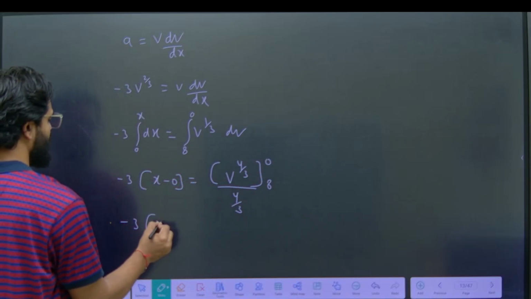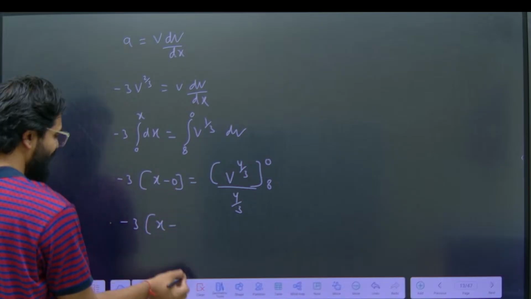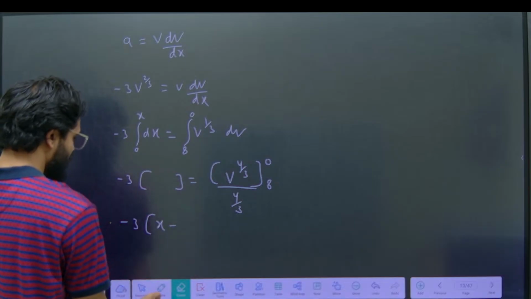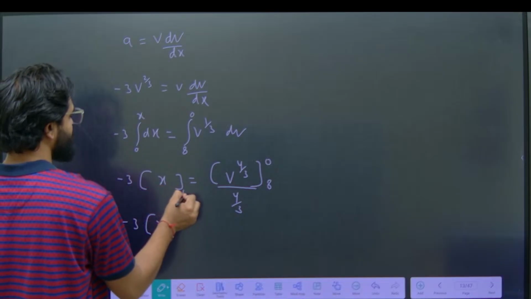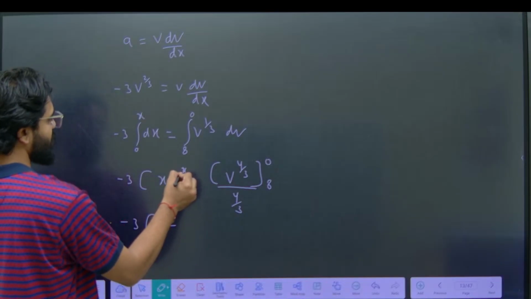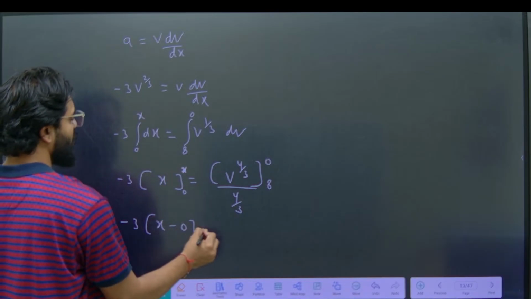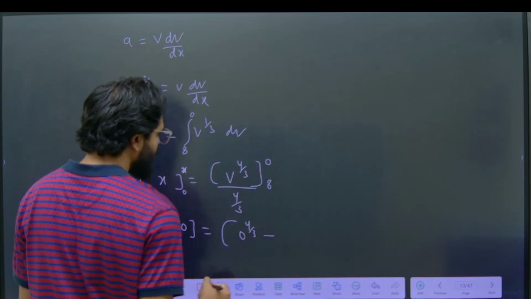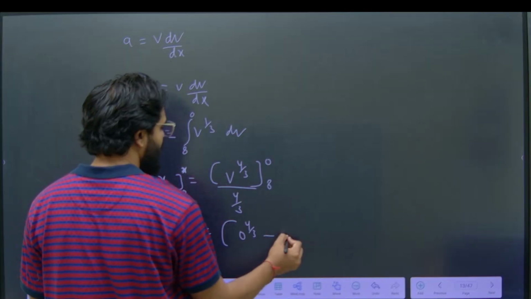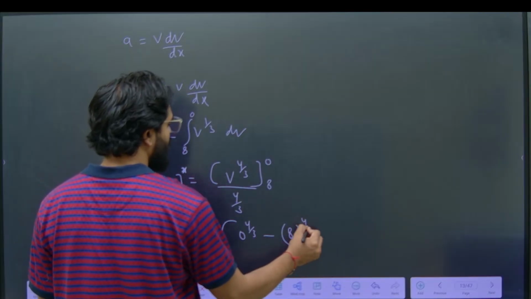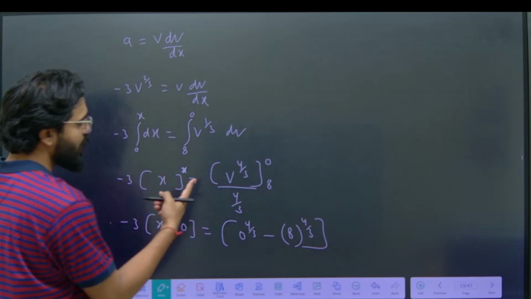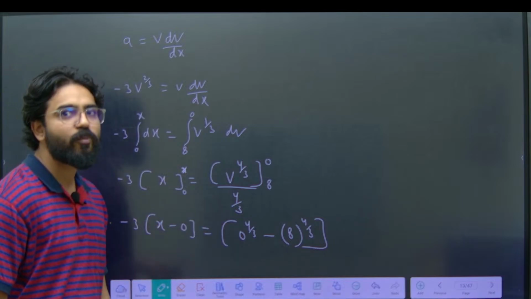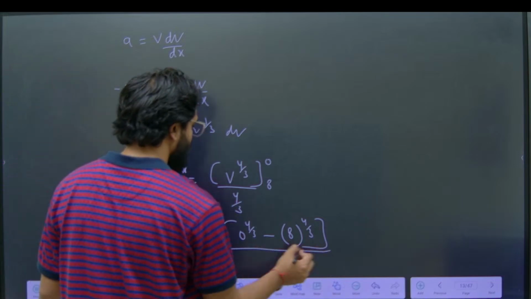Over here, 0 to x. So x minus 0 equals to, firstly we will put 0, it will be zero. And then we will put 8 to the power 4 by 3. Look carefully. 8 can be written as cube of 2.